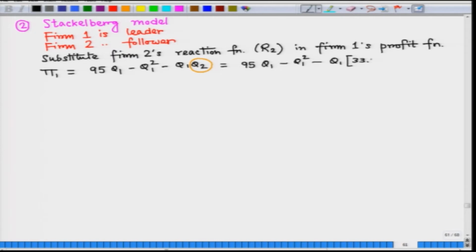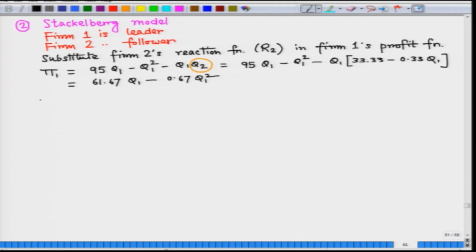So, that is this expression, right. Okay. Now, we get a final expression of profit like this. Okay. Now, we know what to do from our theoretical discussion.